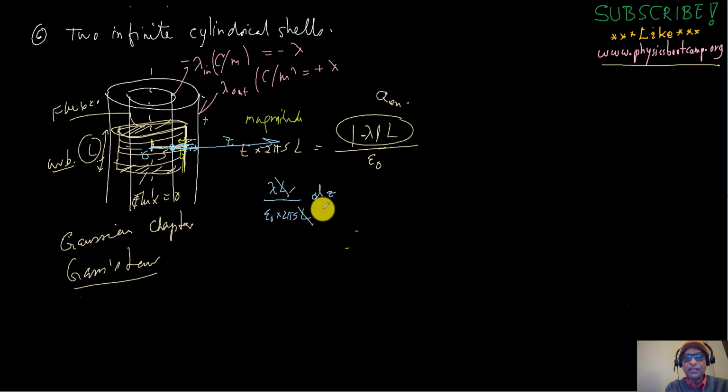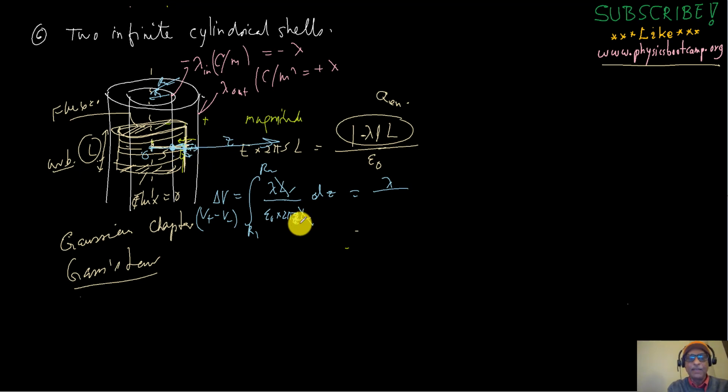So E dot dl becomes this, and I need to integrate from, let's call this R1, and let's call this R2. So I want R1 to R2, and so delta V will be plus minus, V minus will be that, and that's going to be lambda over S, which is actually z here now, the distance from the axis at an arbitrary point.